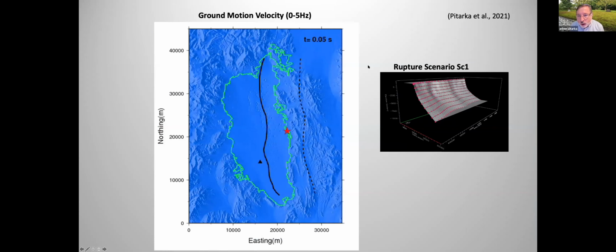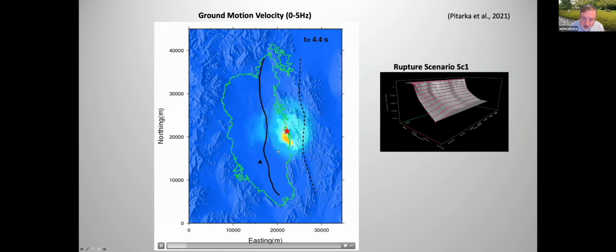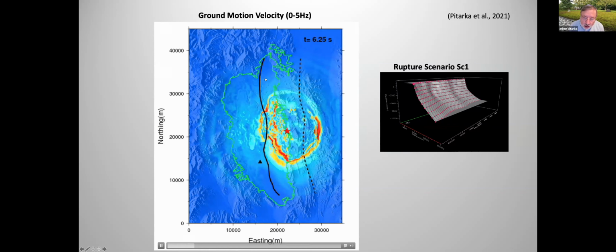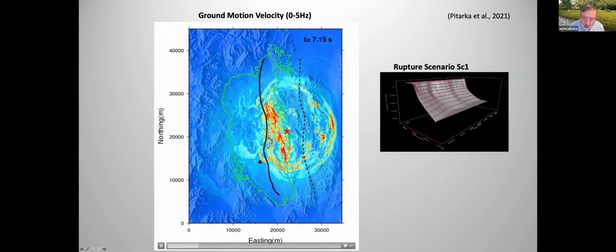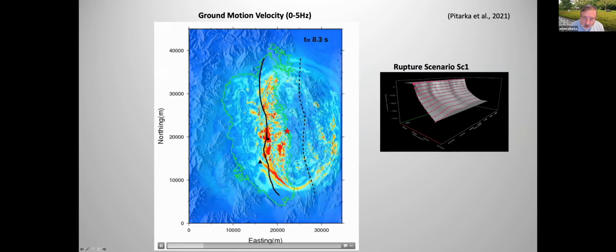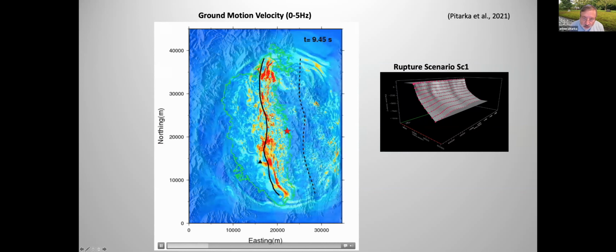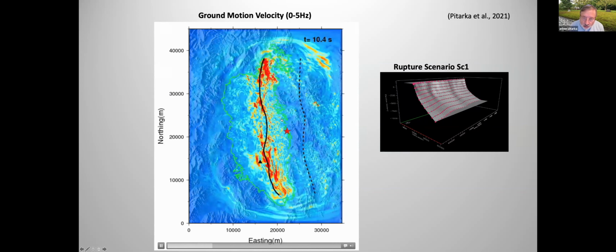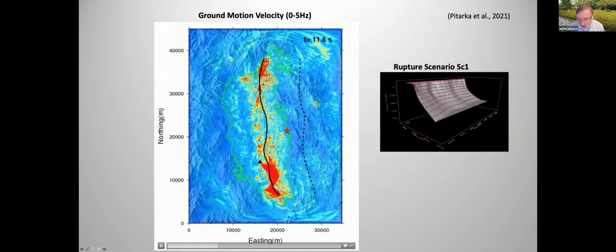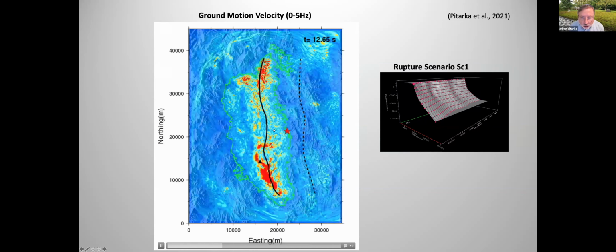And I have one case here where I want to show how the ground motion will look for scenario one, which is a curved rupture. You notice that there is a lot of upward rupture directivity effect in this area, but as soon as the waves enter the basin, you get not only a rupture directivity effect, but also basin reverberation amplification that remains strong not only on the footwall, but also on the hanging wall of the fault.